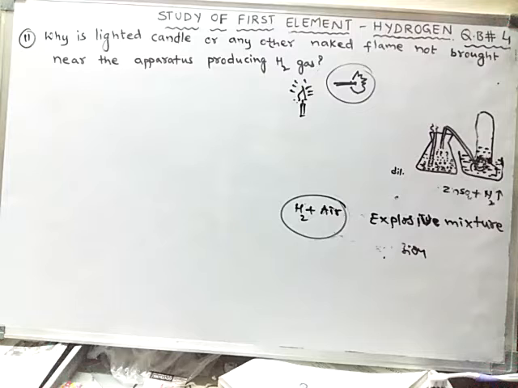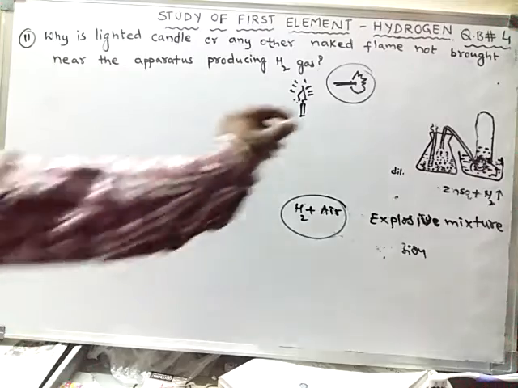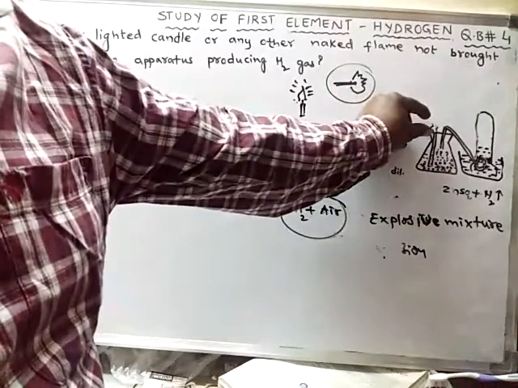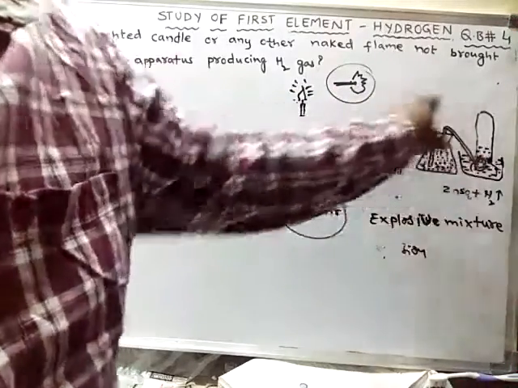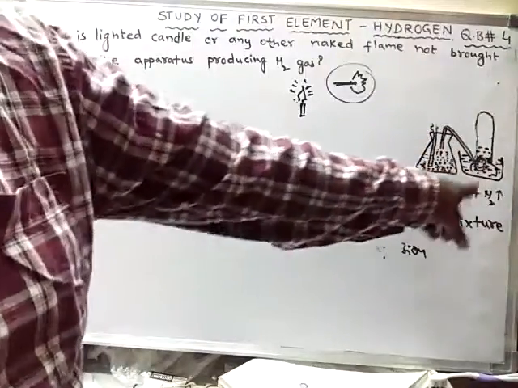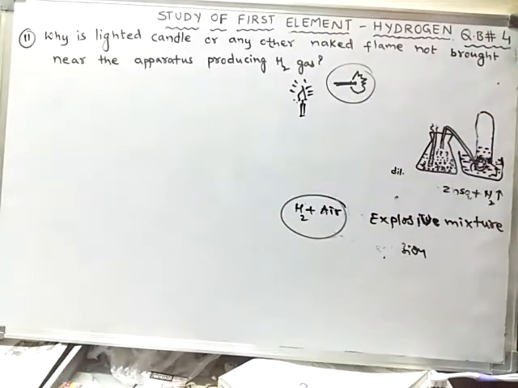There is a possibility that hydrogen gas may leak from the apparatus, and as this gas forms an explosive mixture, it can explode with the naked flame. Therefore, a naked flame should not be brought towards the apparatus where hydrogen gas is prepared. Okay, right.